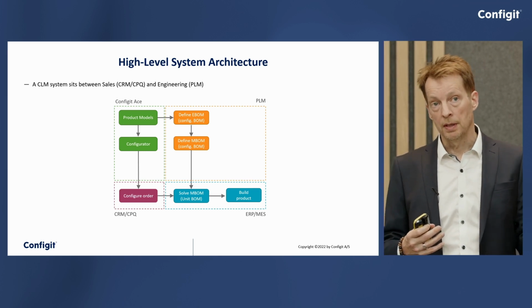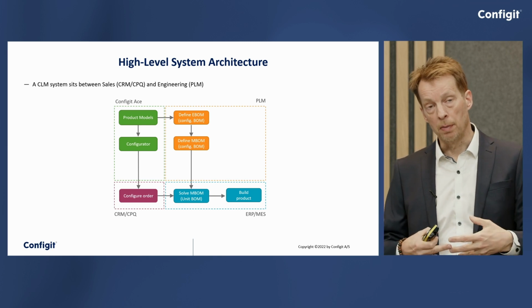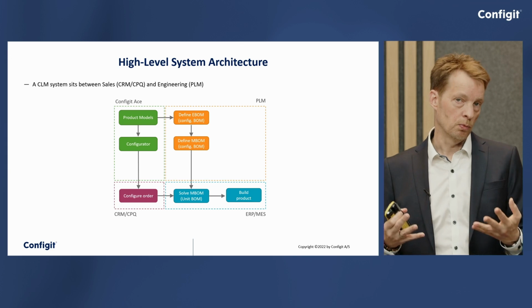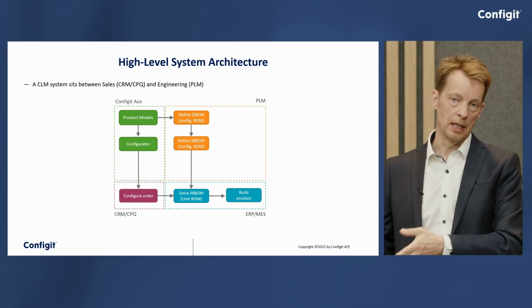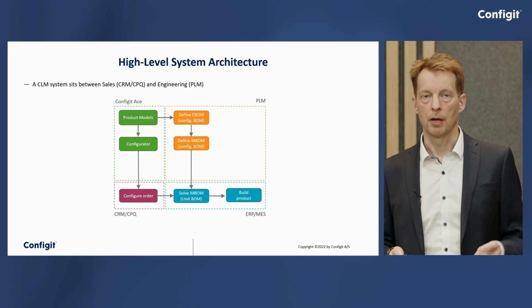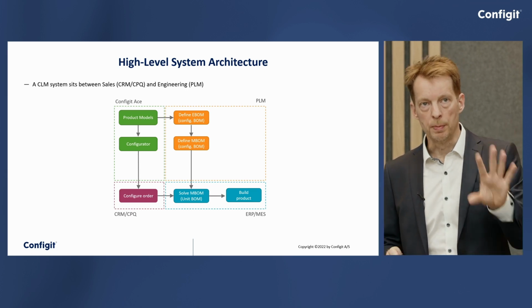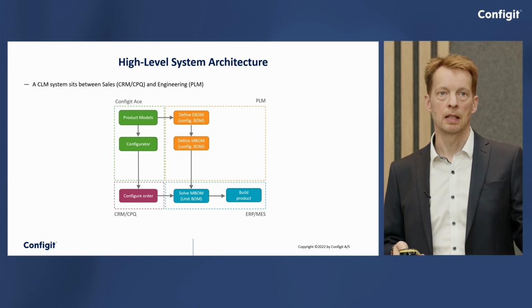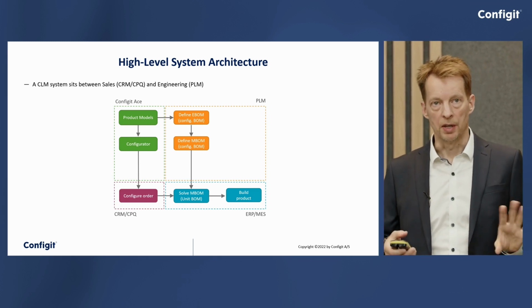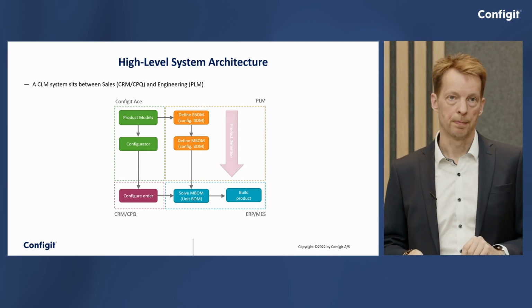The orders come in with the configuration, gets combined with the configurable BOM, and that is then the BOM that you need to produce and deliver. That's a very typical system setup. And of course, you can zoom into this and start discussing exactly what elements are mastered in what systems and how these arrows are actually going to look.